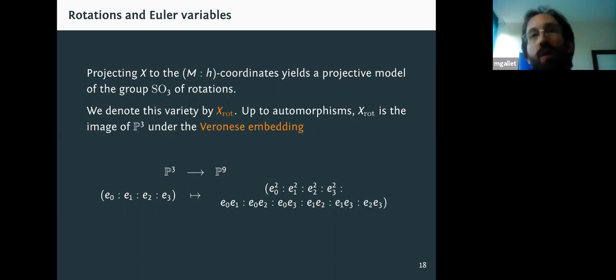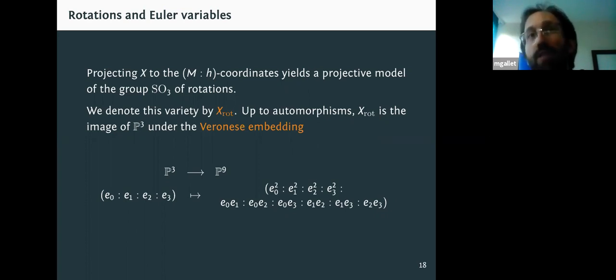So far we considered the isometries as a whole, roto-translations, but we can focus on the rotational part, which in the coordinates that we introduced is determined by the M and h coordinates. Okay. So if I project my variety X onto these coordinates, what I get is a variety parameterizing only rotations, which we call, for example, X-rot.